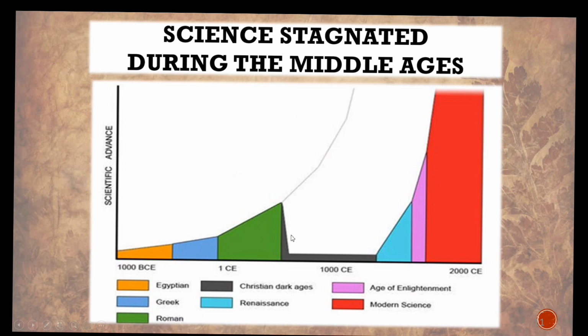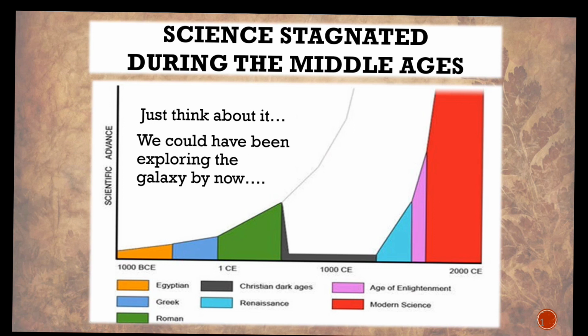And then during the Dark Ages, the Middle Ages, the development of science wasn't that good. There was a stagnation. Then it recovered during the Renaissance, then the Age of Enlightenment, and up to 2000 CE, during modern science.